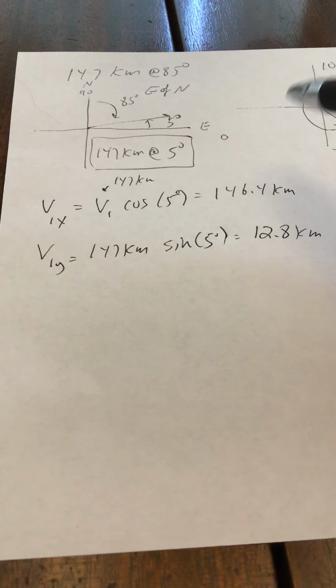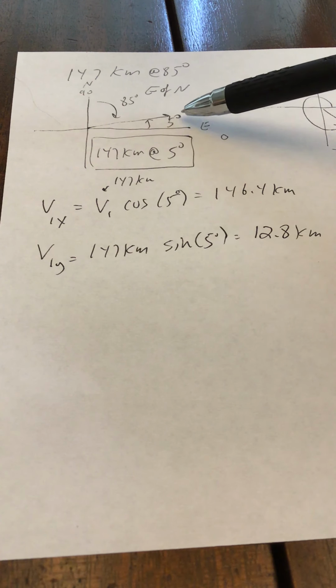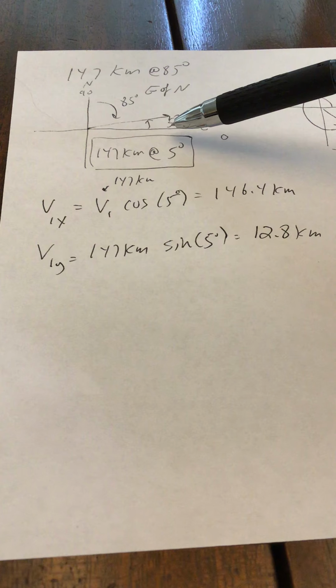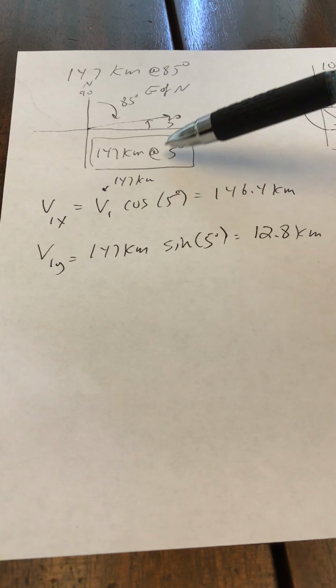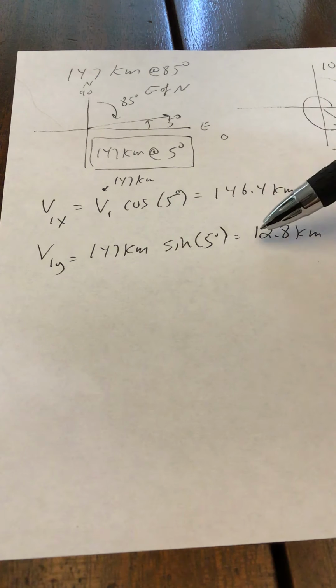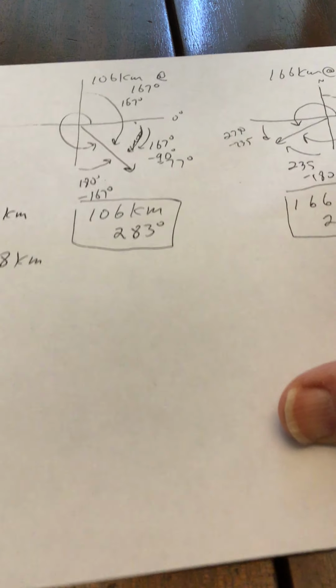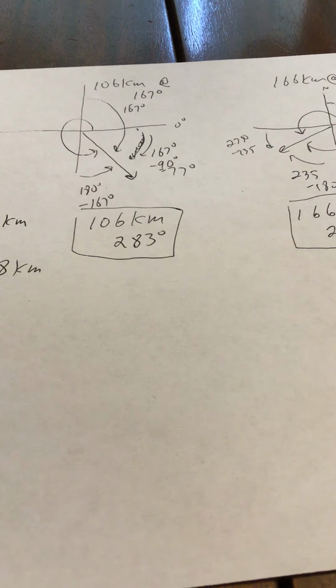One's much smaller than the other one. Well, for 5 degrees, the y is really tiny, and the x is going to be pretty close to the actual value. So yes, you see how they sound logical. Now remember, sine and cosine are not linear, but the y should be much smaller than the x, and that's what we see.